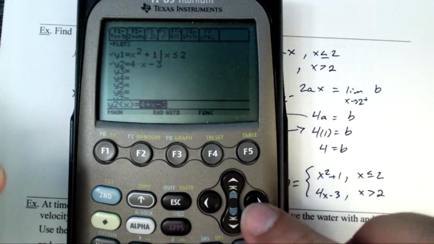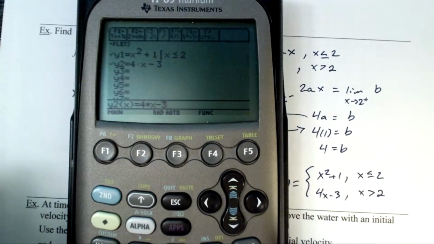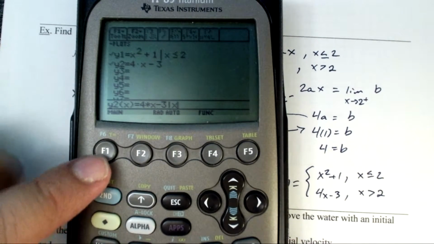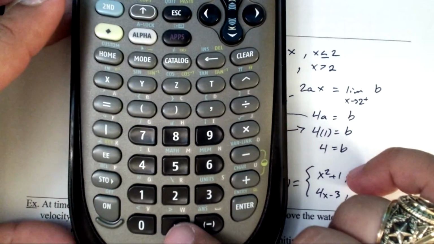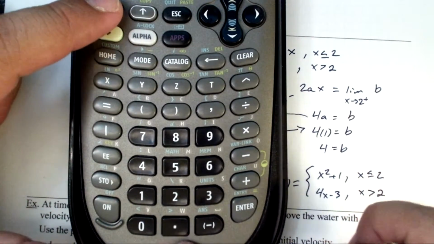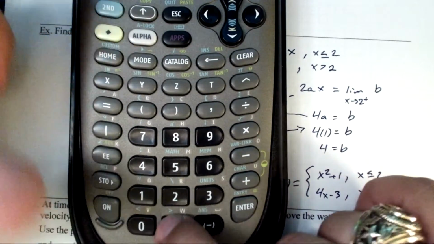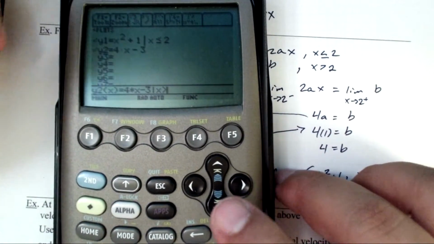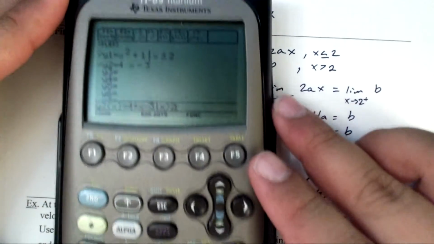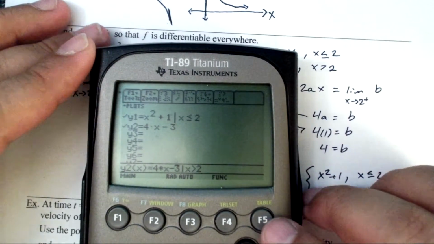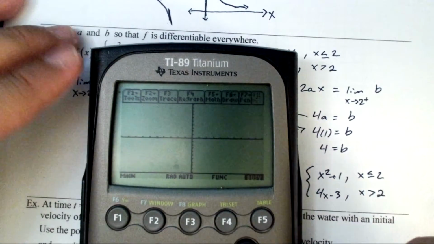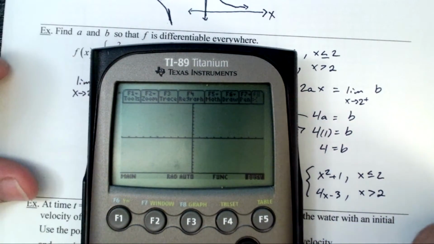So now we're going to change the domain for this one. We're going to graph this for every x value greater than 2. Greater than is the decimal, so second decimal will give us greater than, and then we're going to say 2. And so now when we graph this, let's see what it's going to graph.